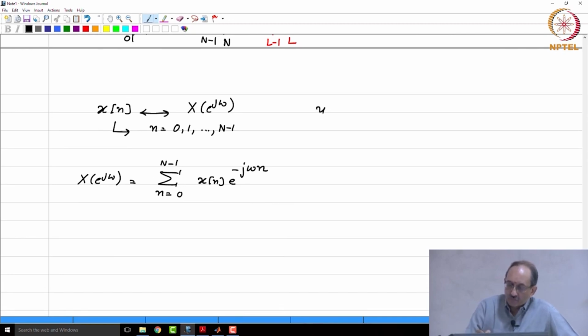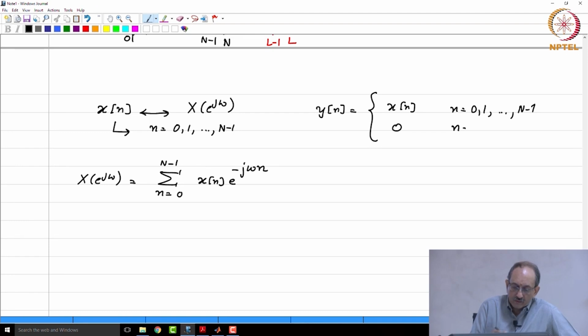Now suppose I form y of n, which is the same as x of n for 0 up to n minus 1, and then I add zeros for n equal to n up to cap L minus 1. So this can be thought of as taking a given sequence and zero padding it. Now what about y of e to the j omega?